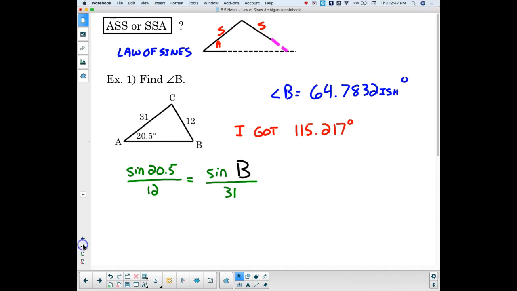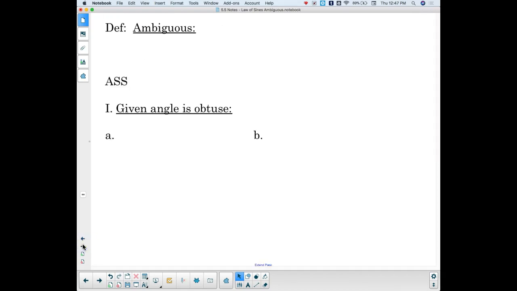Let's first talk about what ambiguous means. Does anybody have a definition of the word ambiguous? What you got, Paul? Paul was just saying that's when you can live on water and land. That's amphibious.